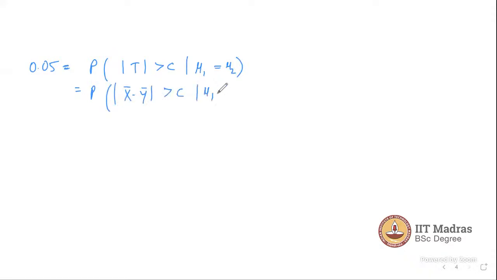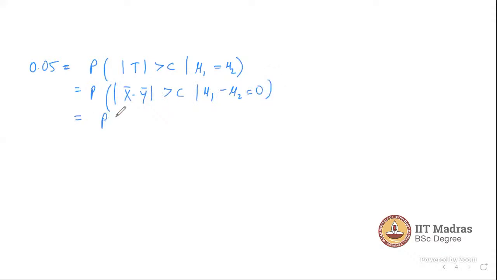So if you want to find alpha, this is 0.05. Now this is the probability that you reject H0. So mod of T greater than C given mu1 equals mu2. In this case, it becomes x bar minus y bar greater than C given mu1 minus mu2 equals 0.